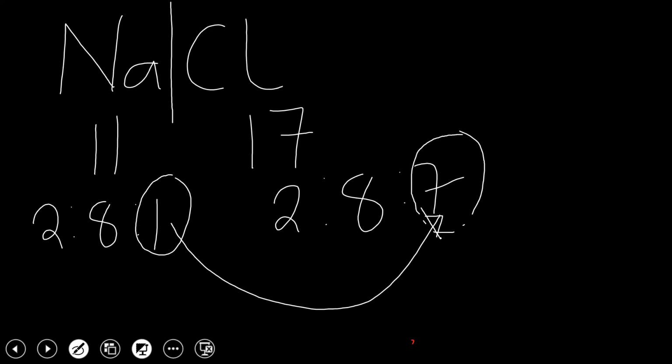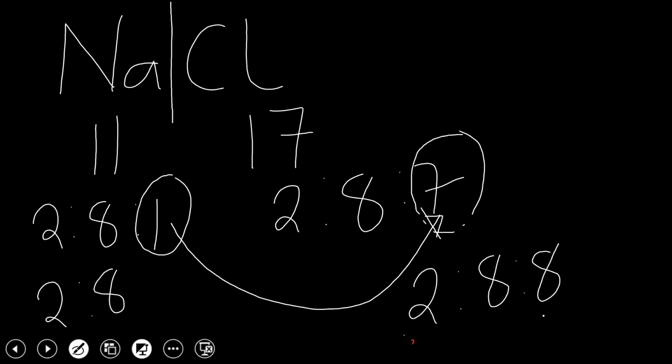At the end, sodium is going to remain with 2, 8, whereas chlorine is going to gain 1 electron and become 2, 8, 8. So this is stable. At the end, we are all getting a stable configuration.